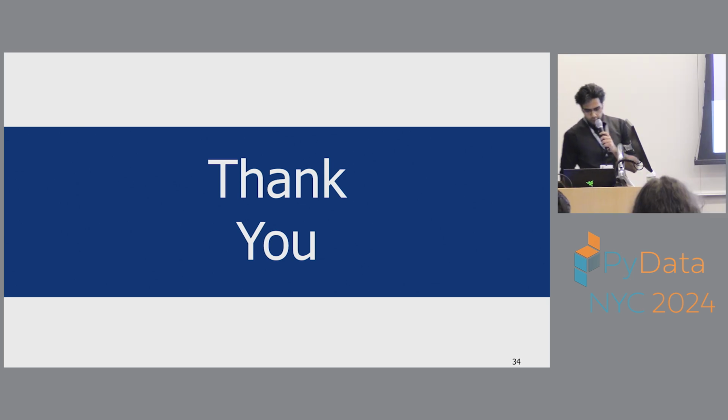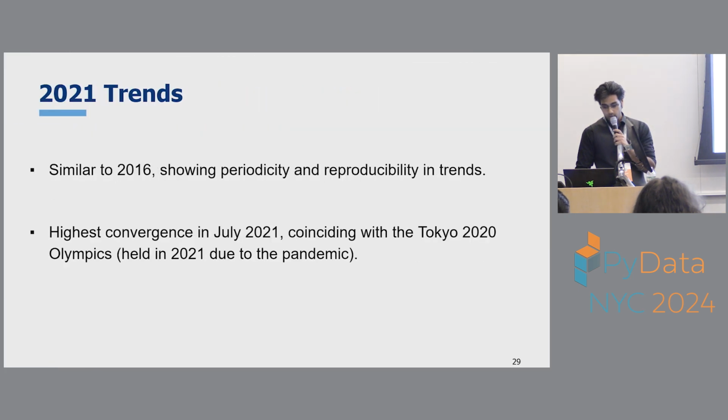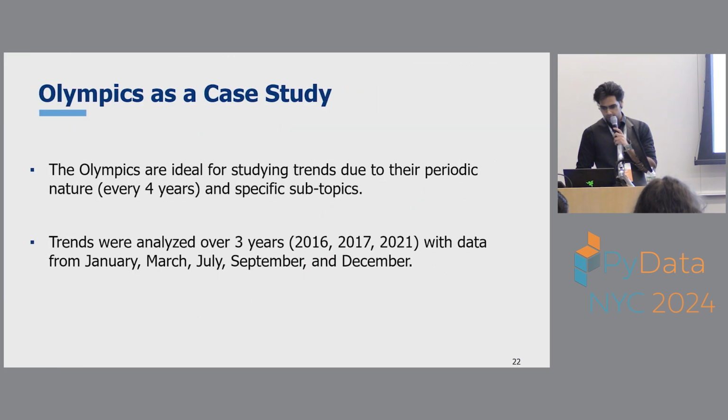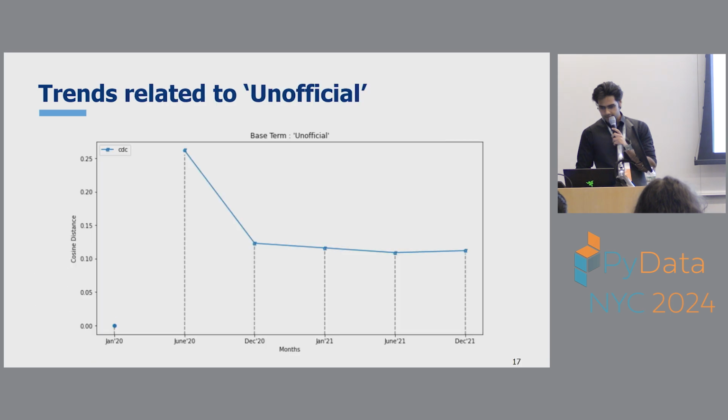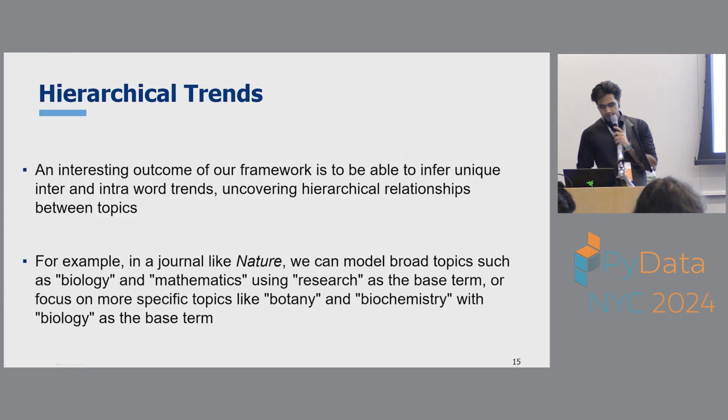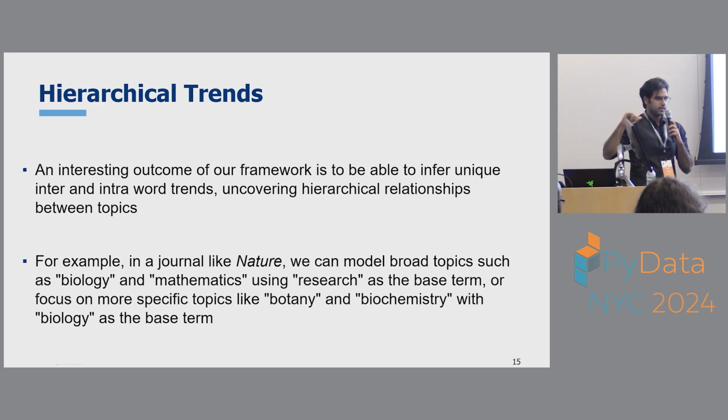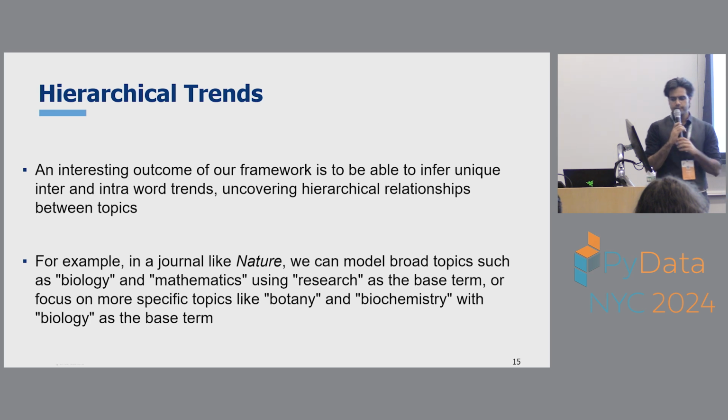Yeah, so before we go to the demo, I think I forgot one slide because it's like flying past through all of them. Just one more thing I want to touch upon: hierarchical trends. One interesting property that we observed when we started using these models was that you could not only figure out the trends within a single corpus, but you could see inter- and intra-cluster trends.